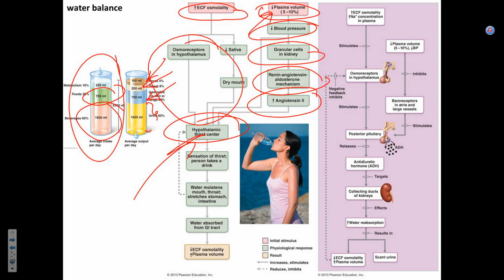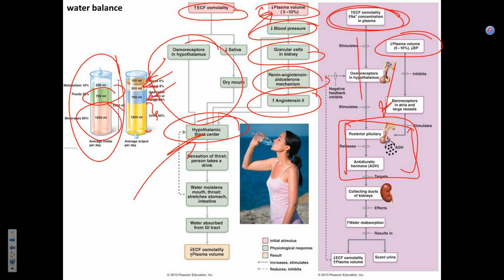Got it? And on top of that, elevated osmolality and decreased blood pressure will stimulate the release of antidiuretic hormone. Antidiuretic hormone will increase facultative reabsorption of water in the kidneys, giving normal osmolality of extracellular fluid, normal pressure, but low volume of concentrated urine.